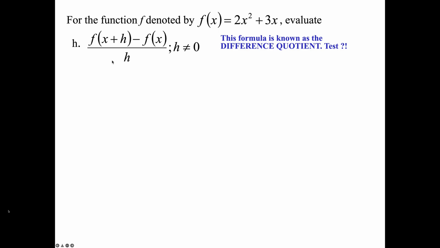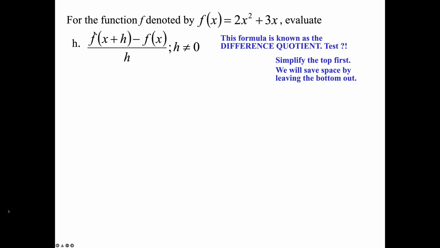So what we want to do here is very similar to what we did in the previous problem. This is a binomial. We're going to simplify everything on the top first. And we'll bring the h in once all the parentheses and grouping symbols are gone and we've combined like terms.